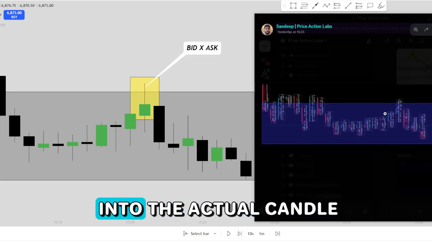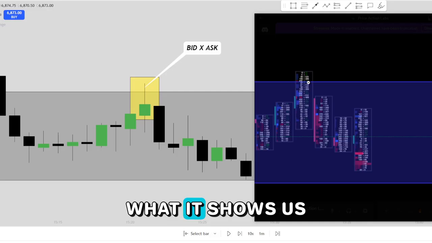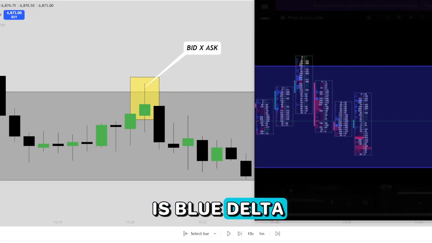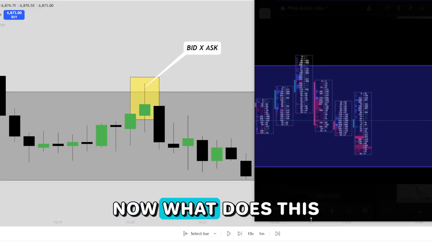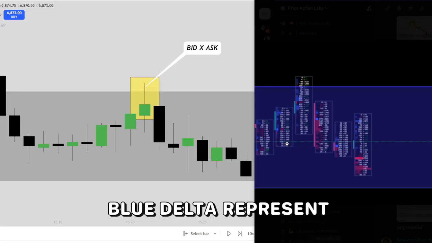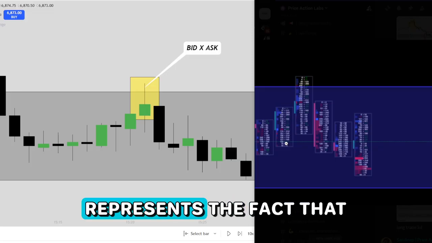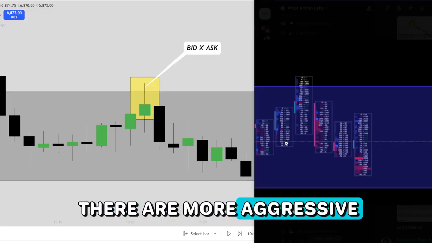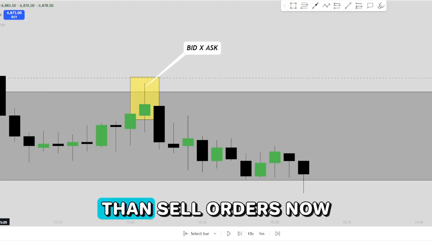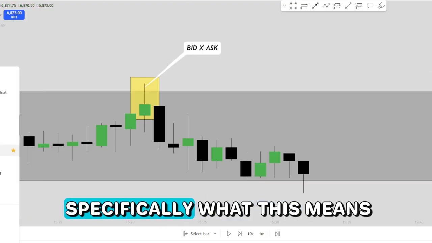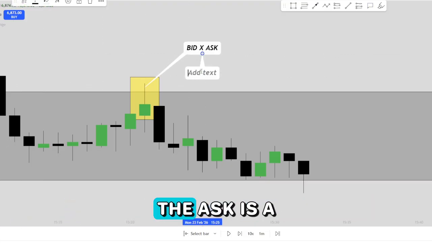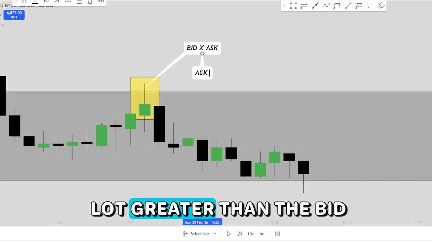Now, when we zoom into the actual candle, what it shows us is blue delta. What does this blue delta represent? It represents the fact that there are more aggressive buy orders than sell orders. Specifically, this means that the ask is a lot greater than the bid.